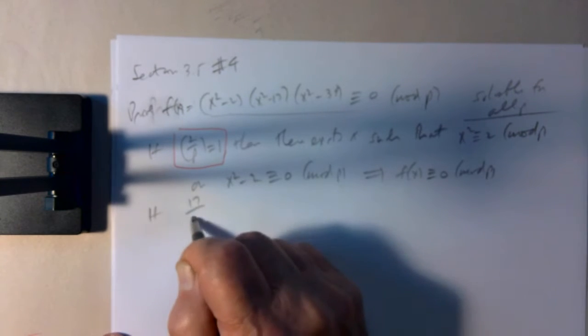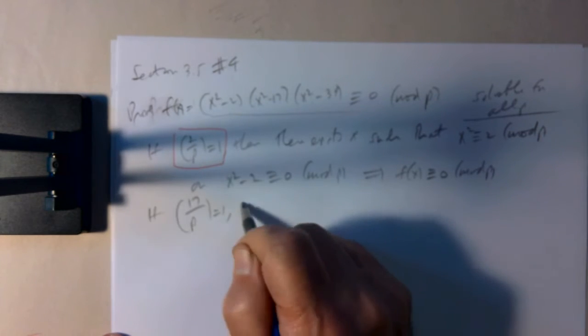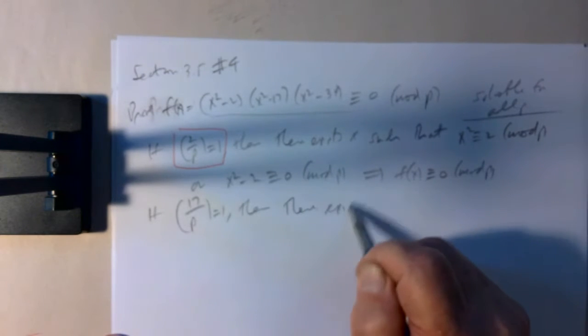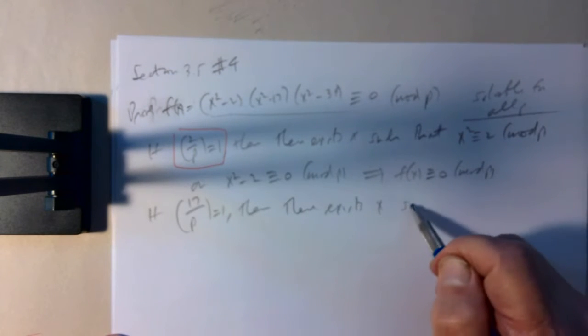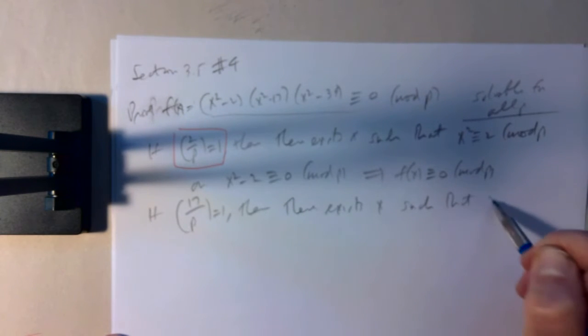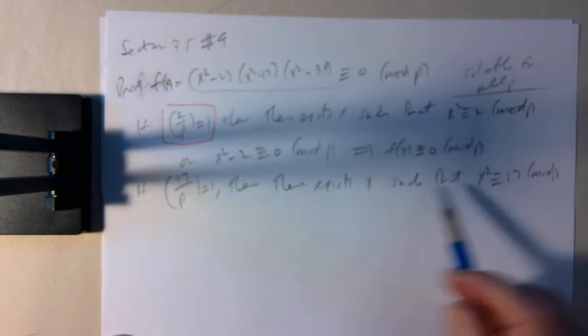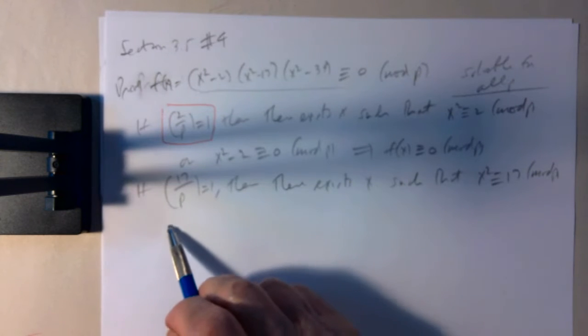If 17 is a quadratic residue mod p, then there exists an x such that x squared is congruent to 17 mod p. Again, this is just the definition of a quadratic residue.